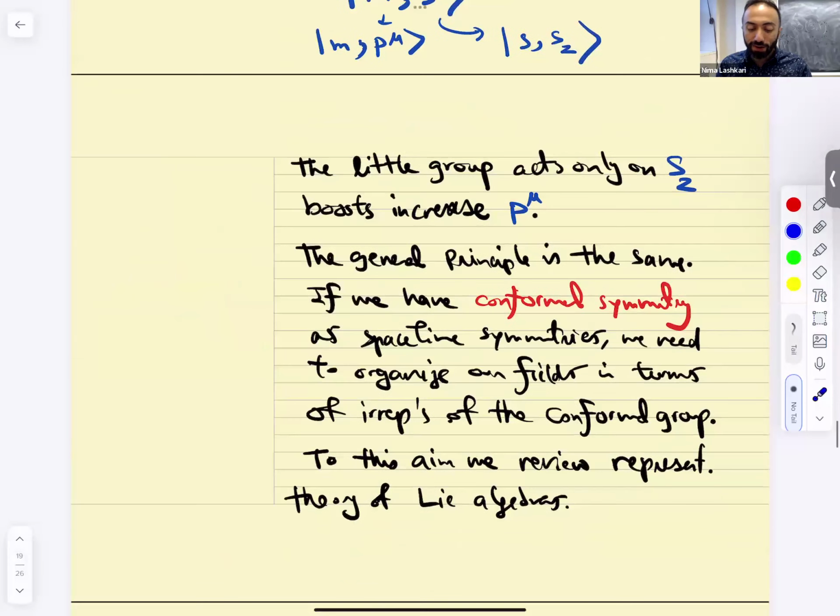Okay. So S_z is the label that tells you the representation of SU(2), right? And p mu is what you change using a boost. There's always the lowest weight representation, right? Where p mu is 0, and then you add to it, right?